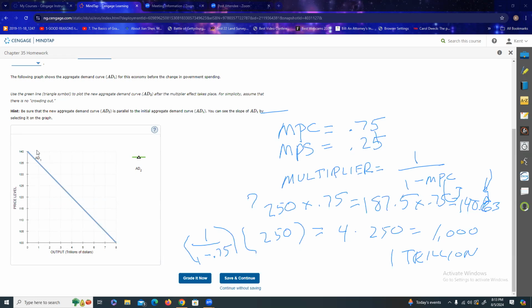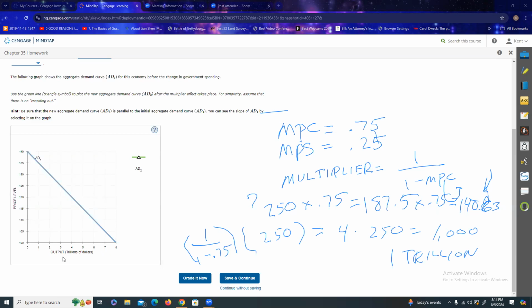Okay, so here's aggregate demand before the $250 billion increase in government spending. It says use the green line to plot the new aggregate demand curve after the multiplier effect takes place. Well, it increases the aggregate demand by 1 trillion.